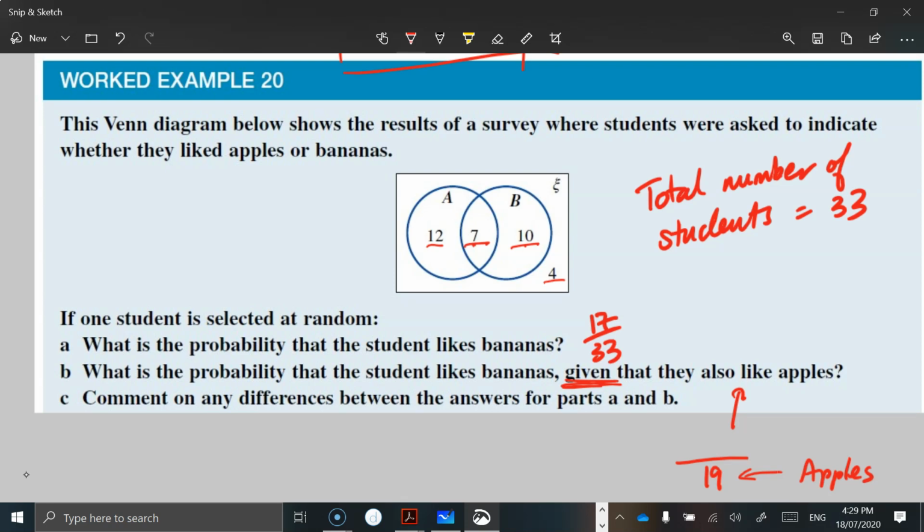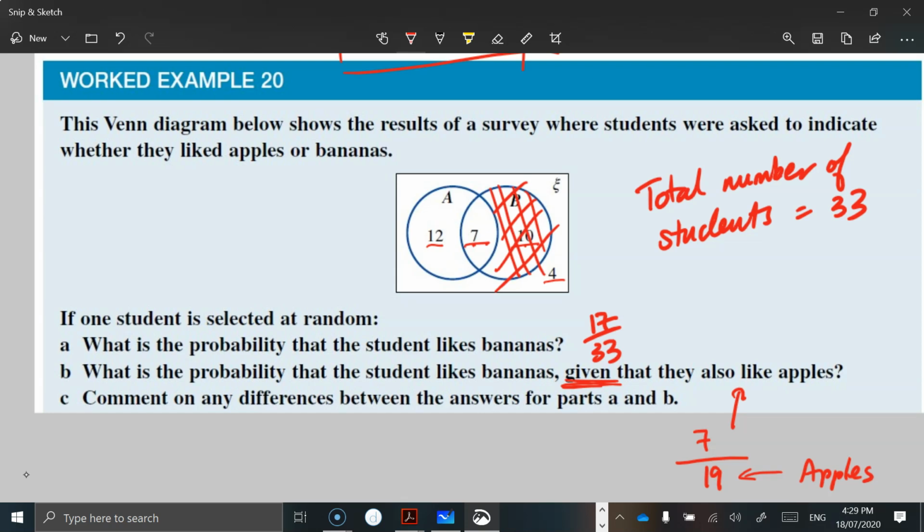Now, out of that 19, out of that condition, how many like bananas? And we can see in this diagram, if we cross this out and ignore it, 7 of that 19 like bananas.